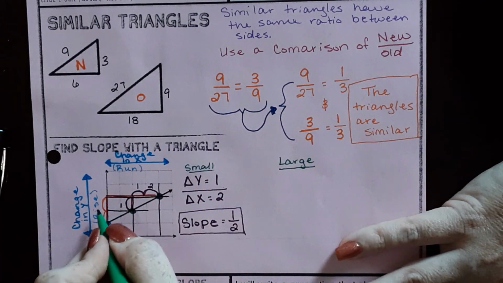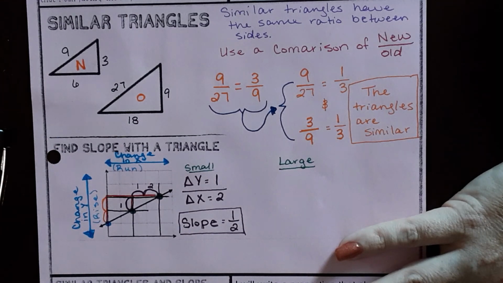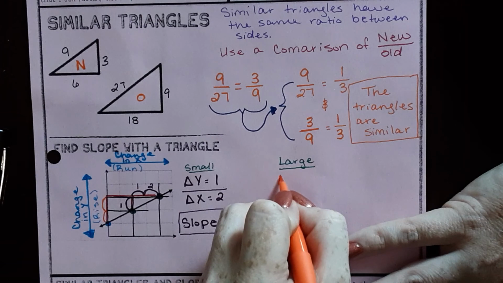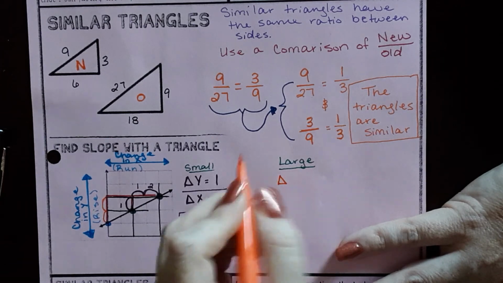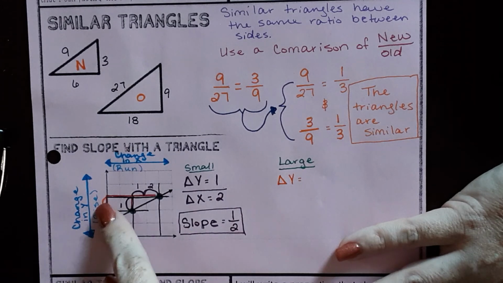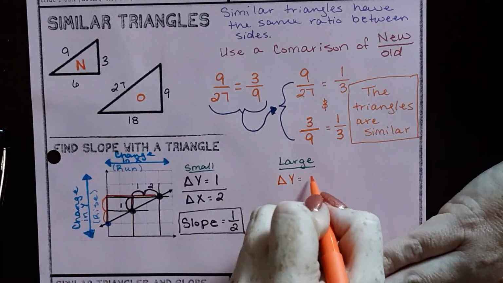So for this triangle here, I'll write in the same color that I drew the lines in so it can coordinate for you. My change in Y, or my vertical change, is 1, 2 movements.